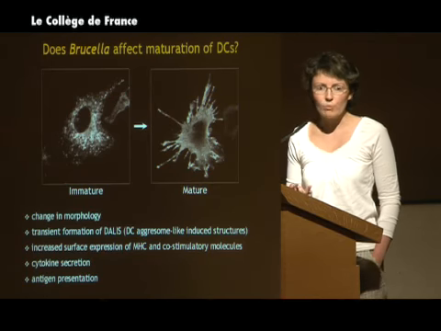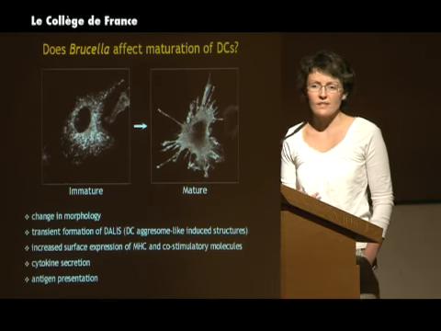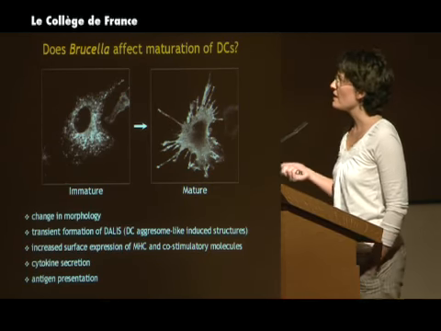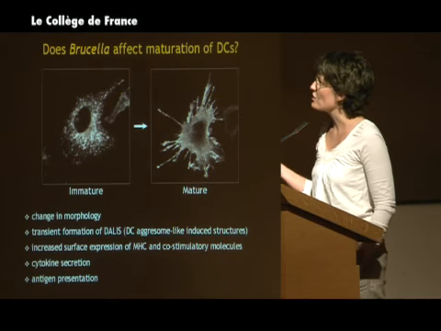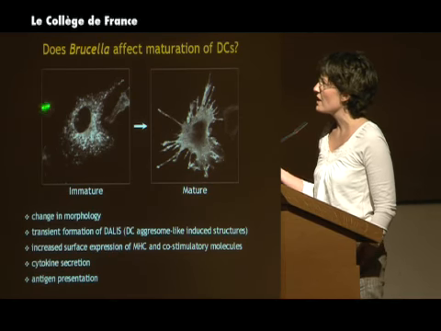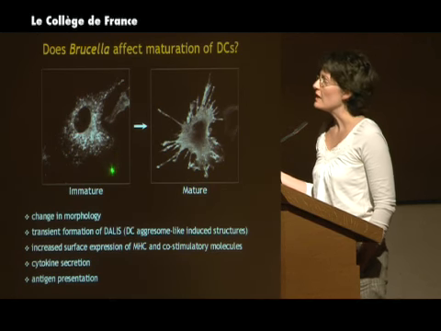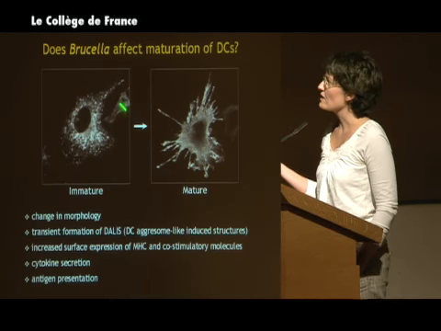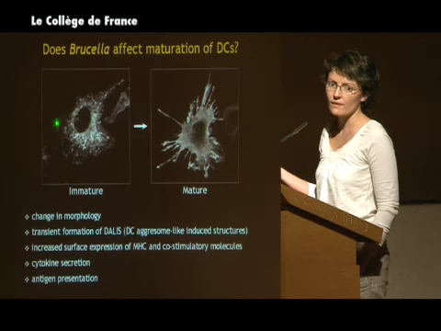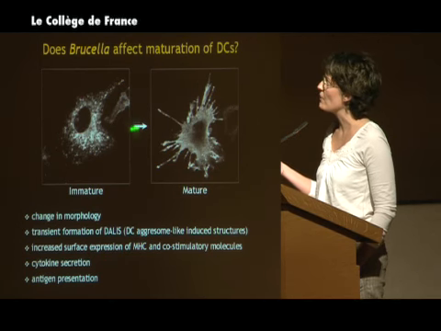Now, this is a complex process, maturation of dendritic cells, that involves many changes. Here I'm just illustrating MHC class II labeling in an immature dendritic cell. MHC class II is distributed intracellularly, and when dendritic cells, for example, encounter a microbial stimulus, they undergo this process of activation, the maturation. And you can see there's a striking change in morphology.